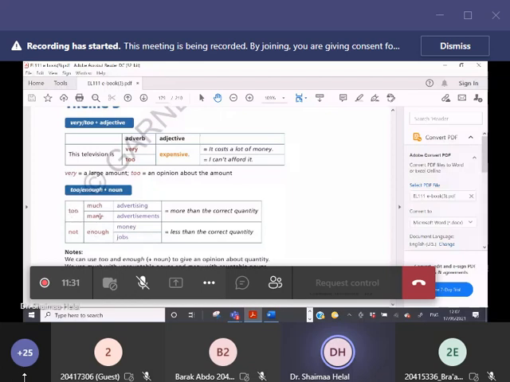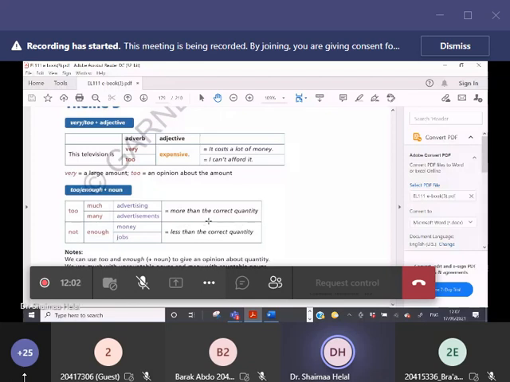Too much or too many, okay? Advertising, it means more than the correct quantity, and all of us know this. Too much, that's too much. Even we say that it's too much. What is important for me is to understand the meaning here. It means more than the correct quantity.